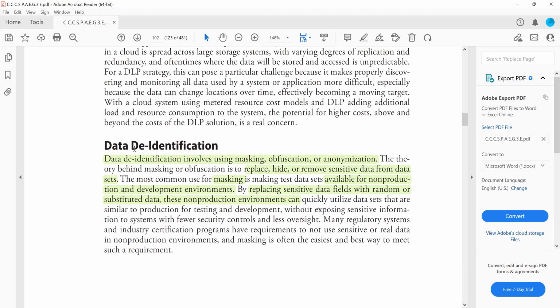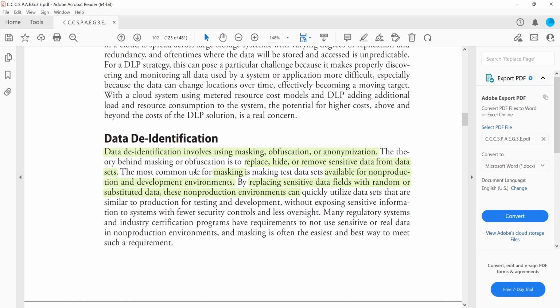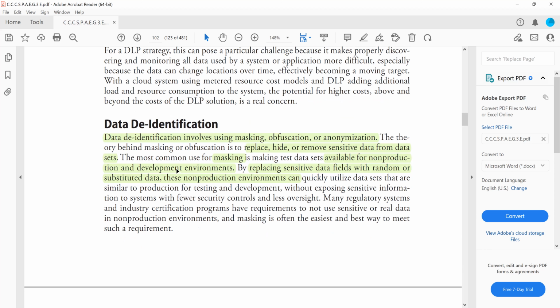I think Mahmoud, it was basically the production data which can be used in the lower environment for testing. Is that the question you are referring to? Yes, what is de-identification in development data? And we said the answer was tokenization, but even here, I think in the sixth line, it says that you are using masking or data de-identification for development and testing purposes.